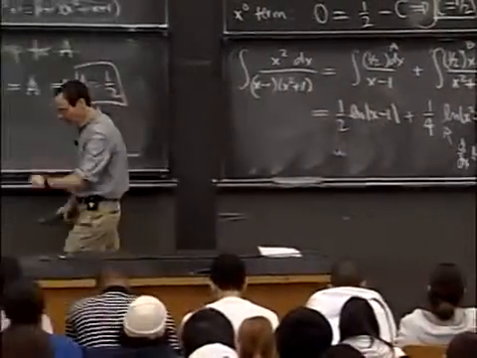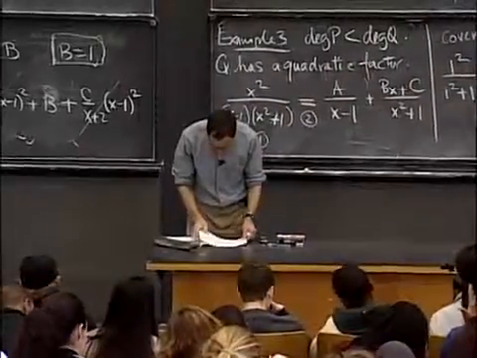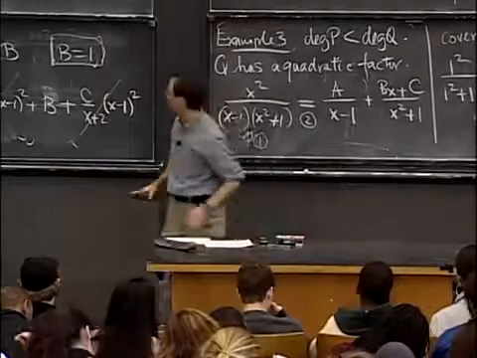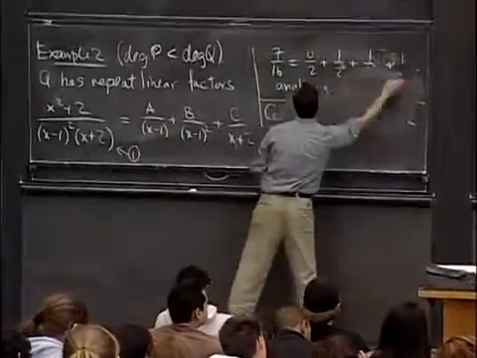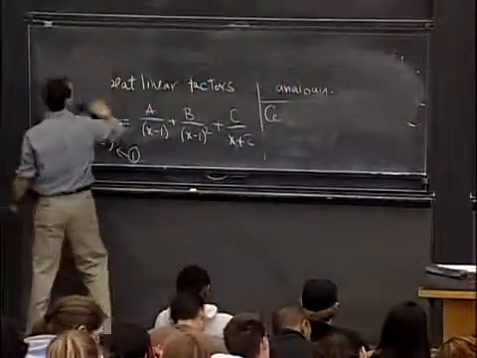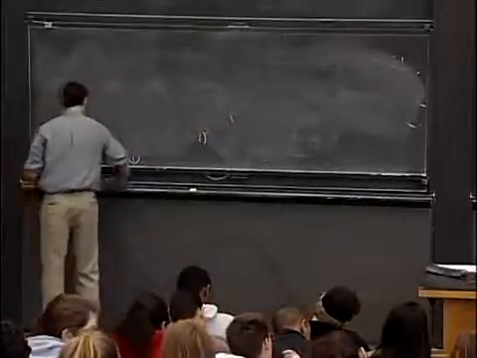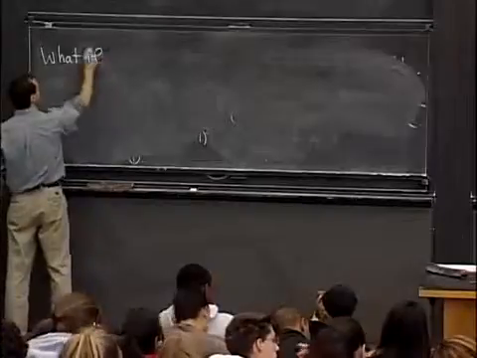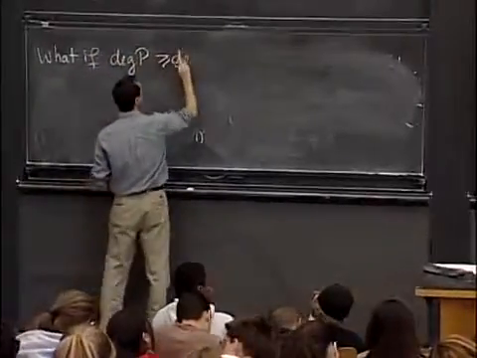All right, now I got to get you out of one more deep hole, and I'm going to save the general pattern for next time, but I do want to clarify one thing. So let's handle this thing. What if the degree of P is bigger than or equal to the degree of Q?